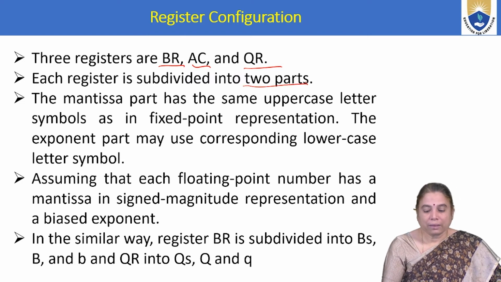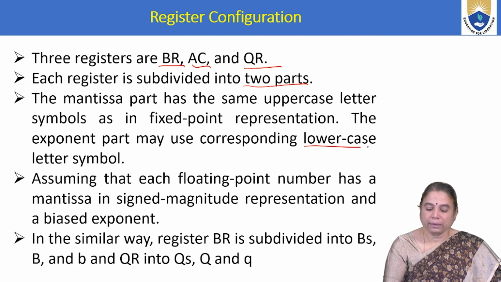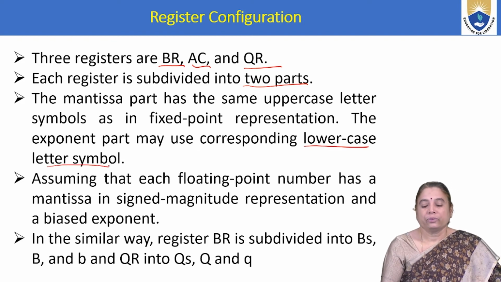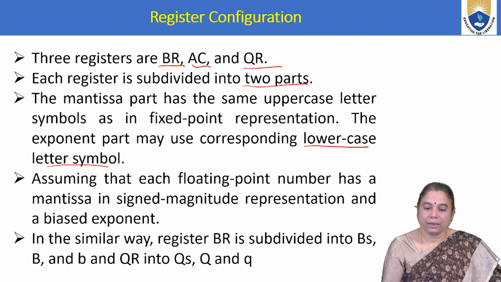The mantissa part has the same uppercase letter or symbol as in fixed point representation. To represent the mantissa, the same capital letter representation can be used as in fixed point representation. But for the exponent part, the corresponding lowercase letter or symbol may be used. So to represent the floating point number, the two parts, mantissa and exponent, are considered.